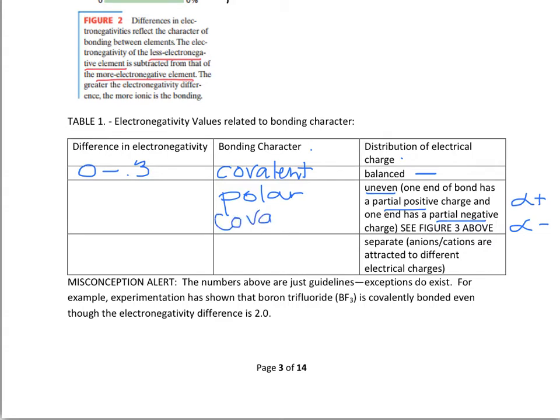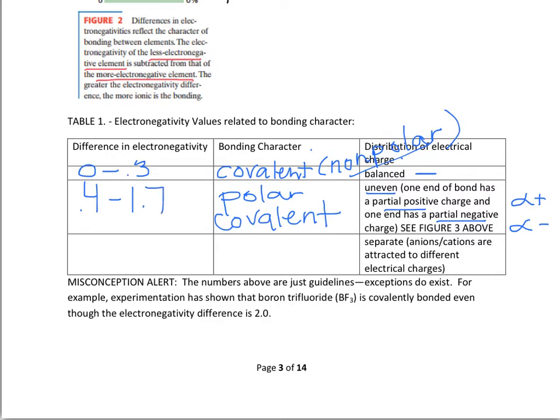If you think about poles and charges and batteries, maybe that will help. And again, this one up here, I can't remember if I actually said it or not, but since they are equal, it is nonpolar. The electronegativity difference here is going to be 0.4 to 1.7.